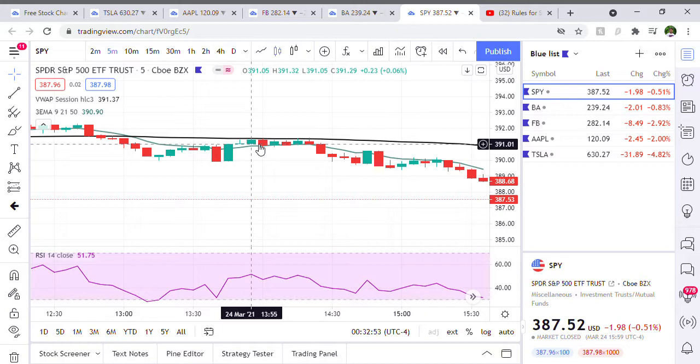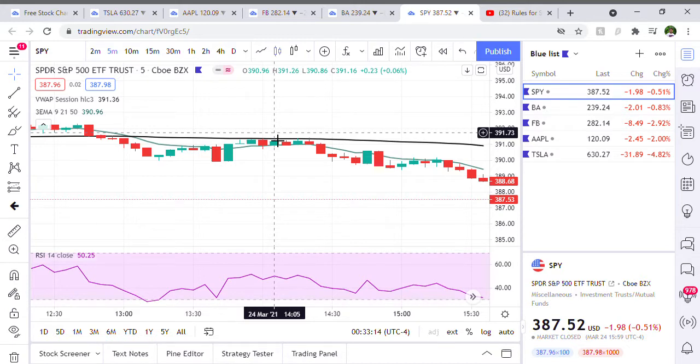What I mean by remarkably is maybe around 60 or 70 cents above the 9 EMA. It did not happen. It's just 20-25 cents above the 9 EMA. Also, the stock was not able to give a closing above the VWAP. So these two things did not happen.